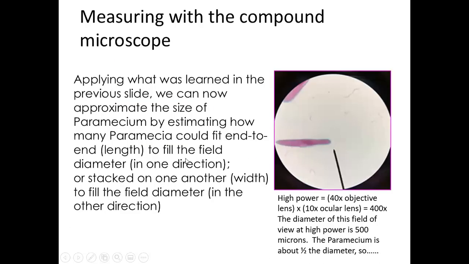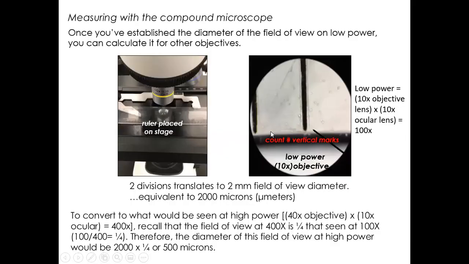So now knowing on the 10x objective that the diameter is 2,000 micrometers, right? So if we're looking at a 40x objective, we know that this diameter goes from 2,000 micrometers to 1/4 of that, 500 micrometers.